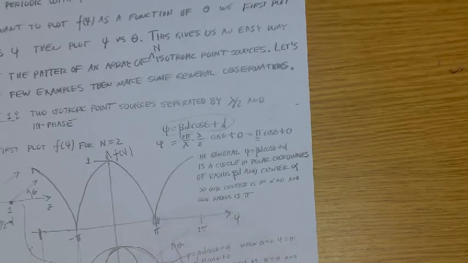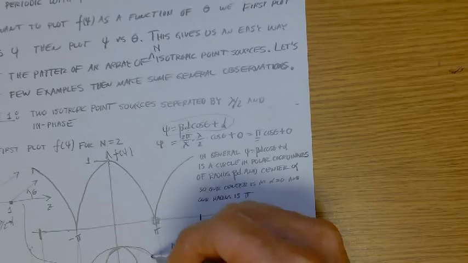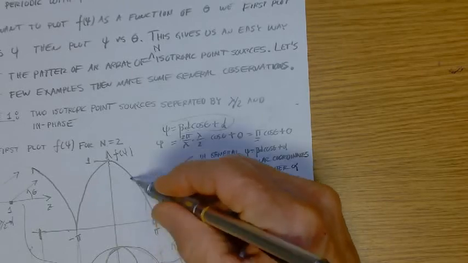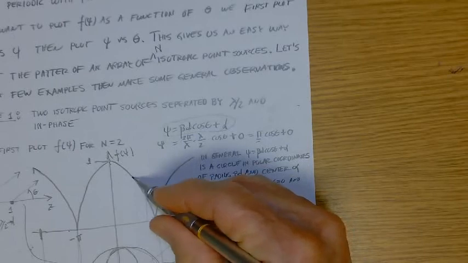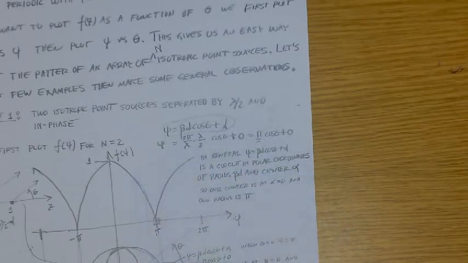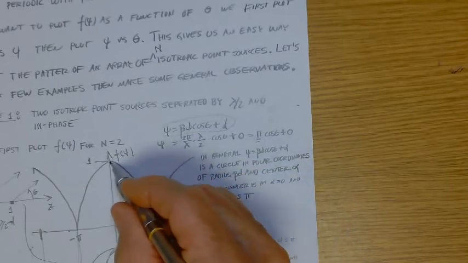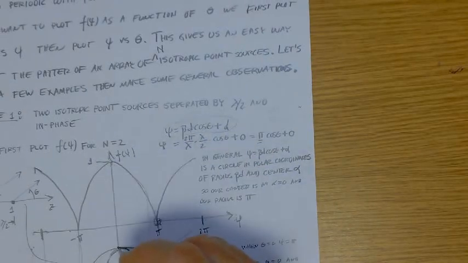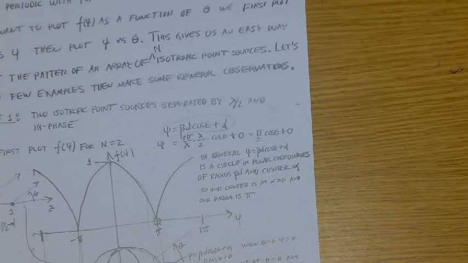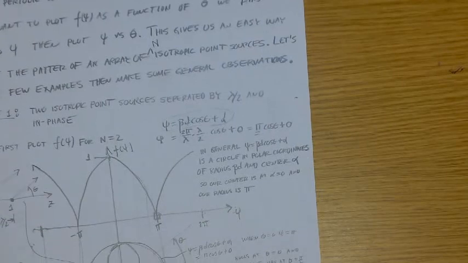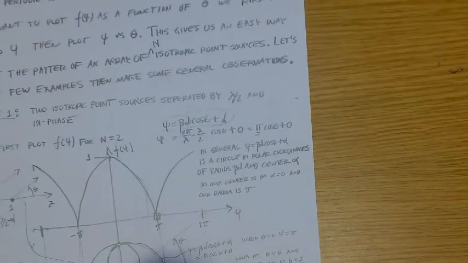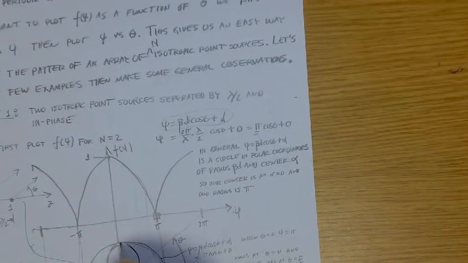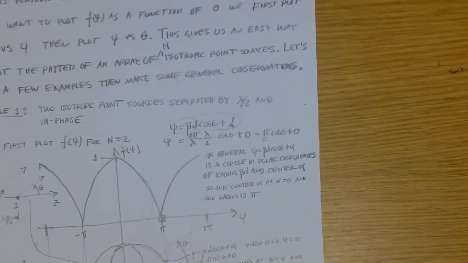As I increase theta, I'm going up here, and f of psi is getting bigger, so that when I'm at theta equals pi over 2, I'm at this position. And in that direction, there's a main beam max. So I go from a null in the theta equals 0 direction to a main beam maximum in the direction theta equals pi over 2.